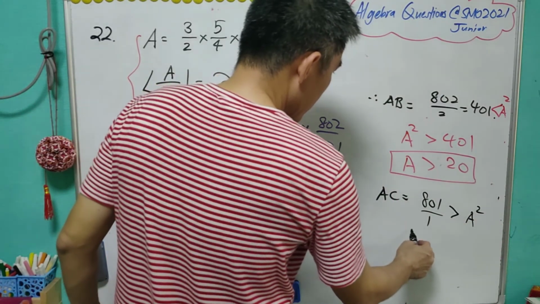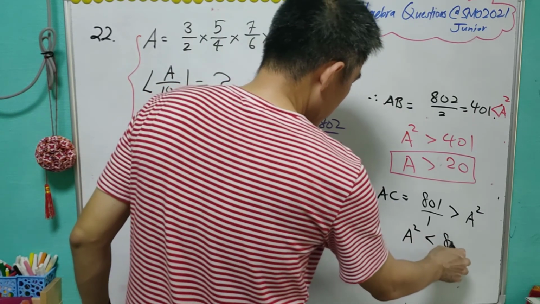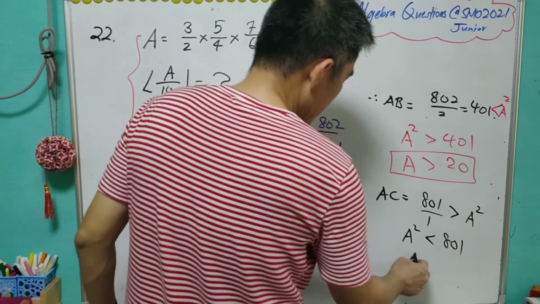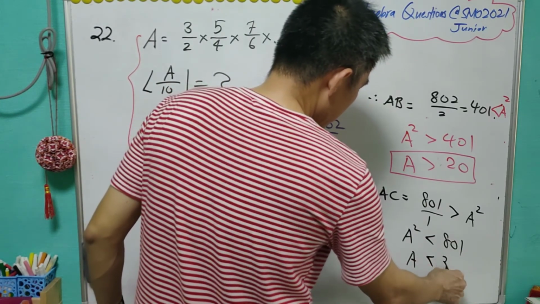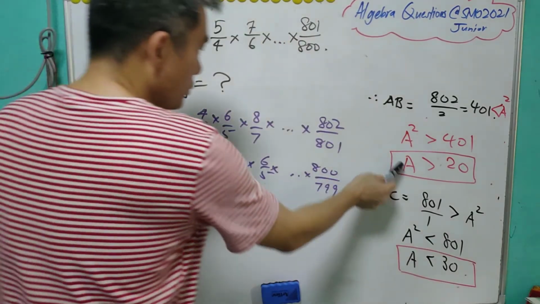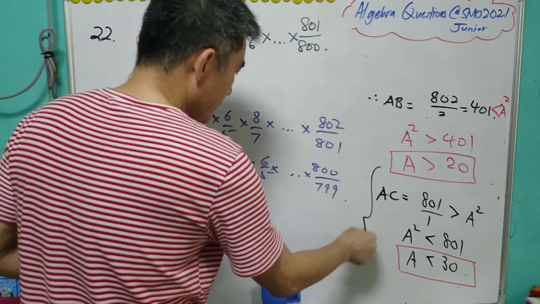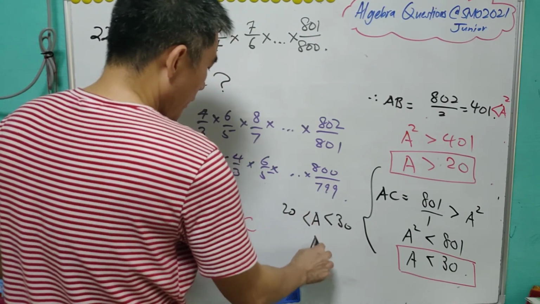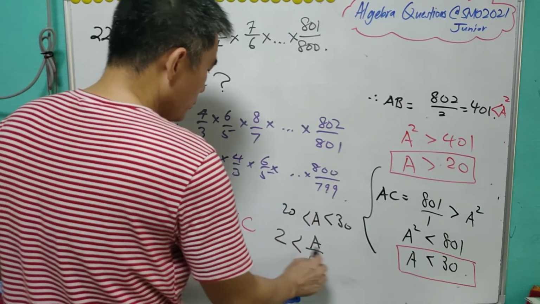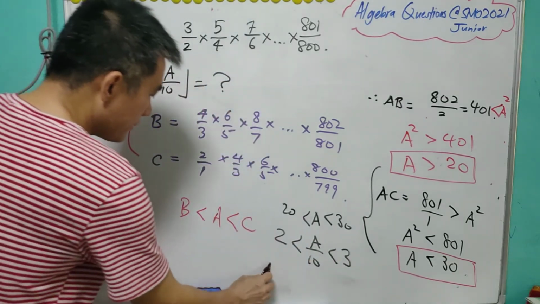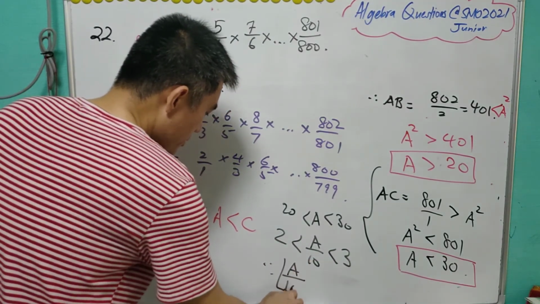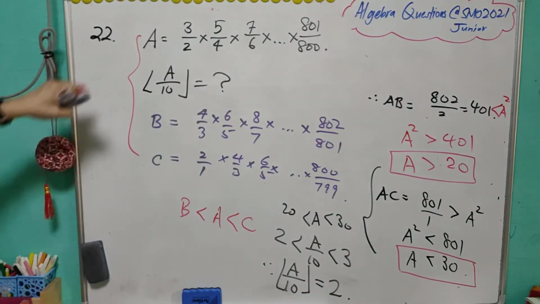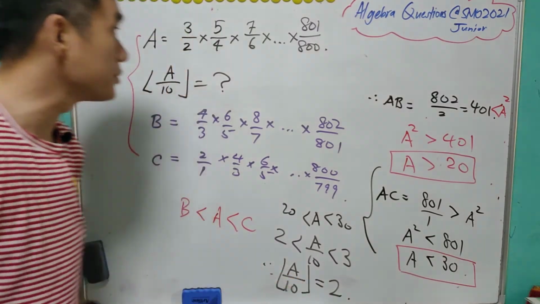So a squared is less than 801, and it will be 20 plus, but we just say that a is less than 30. From these two inequalities, we have a between 20 and 30. a over 10 is therefore between 2 and 3. And therefore, the floor function of a over 10 will be equal to 2. And the answer for this is 2.